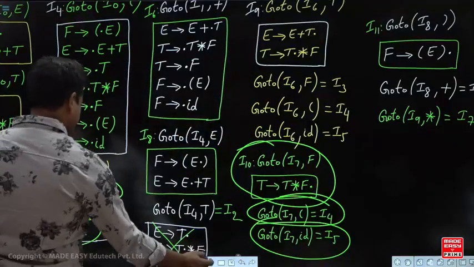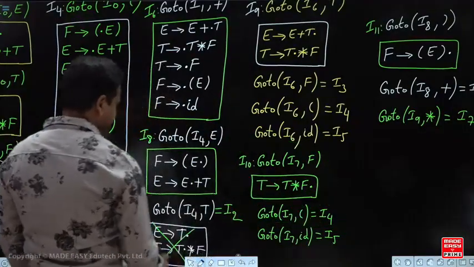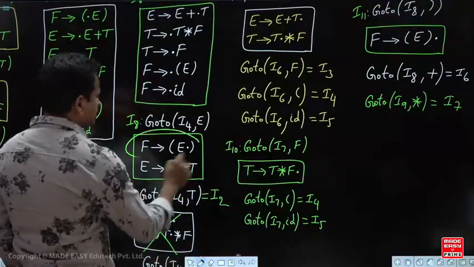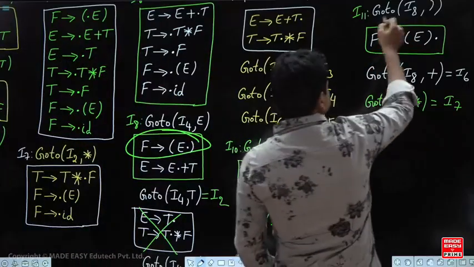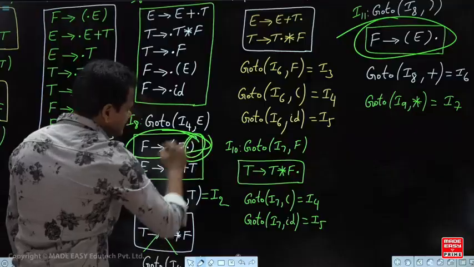Next, I8. This is I8. I8 comma closed goes to I11. This is a terminal.